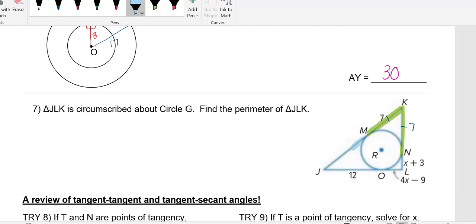Same idea as we work around the outside of this figure. Tangent segments show congruence. JM and JO are going to be the same. And then OL and NL, those are tangent, and those two segments are congruent. So let's set them equal to each other and solve.